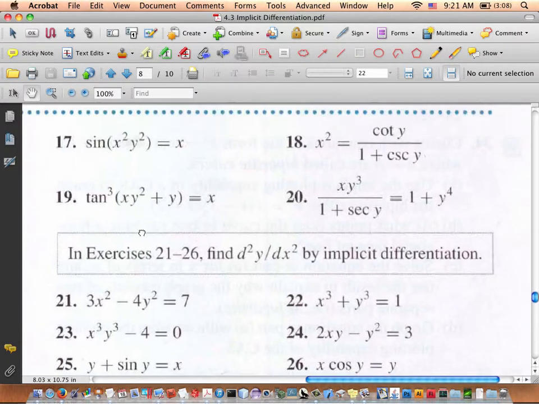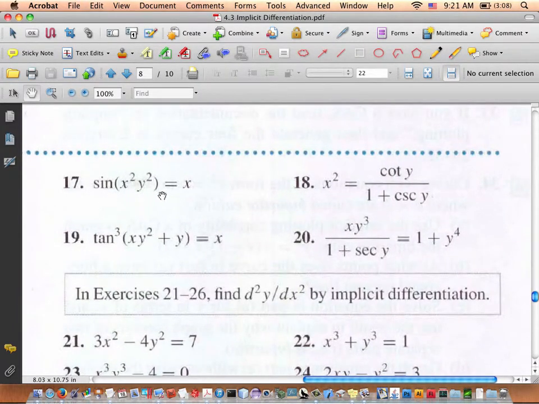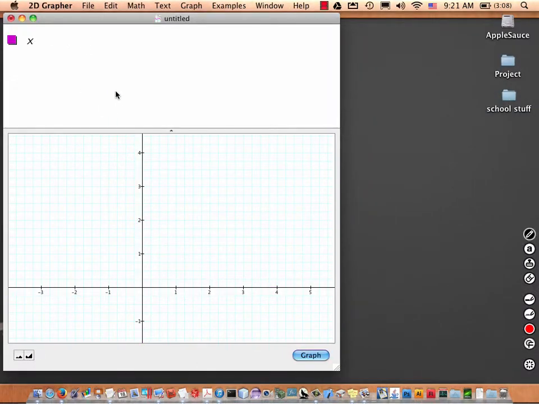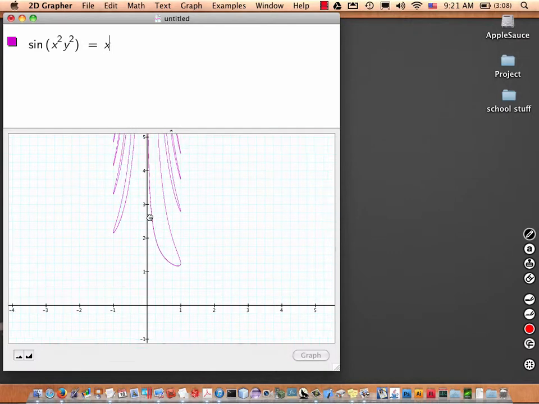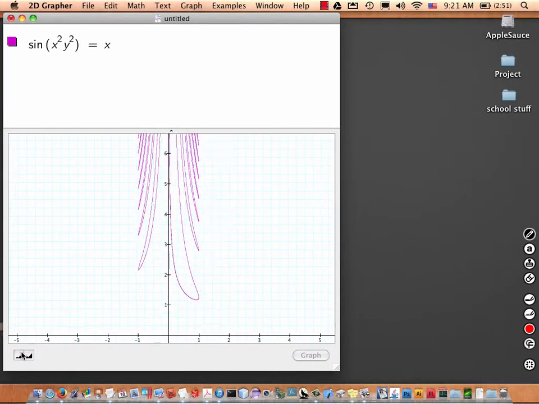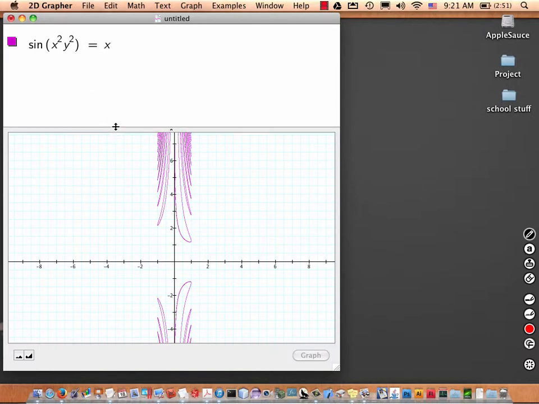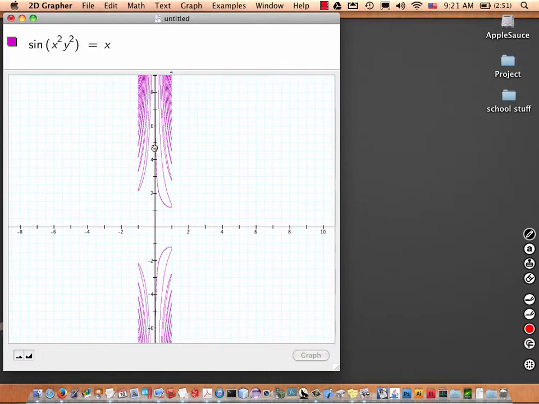All right, some of these things look really weird, really weird. For example, let's take sine of x squared y squared equals x. Let's expand that out.